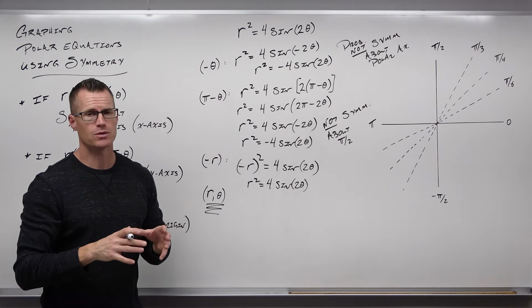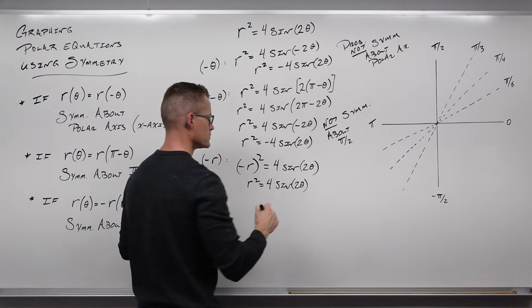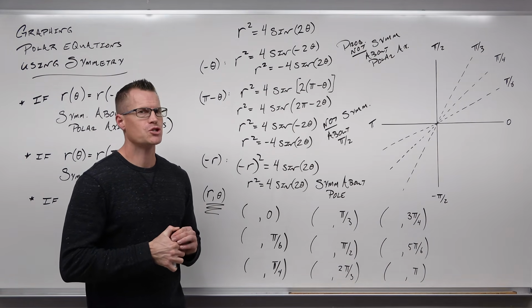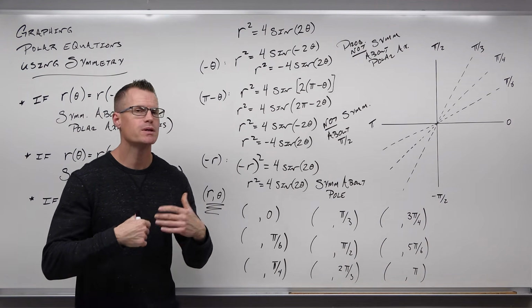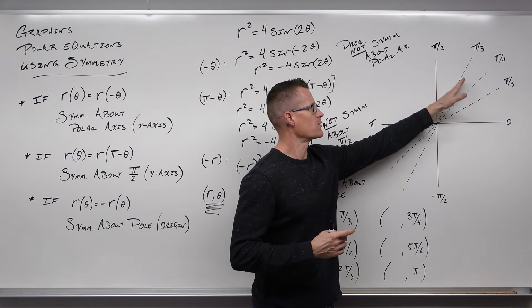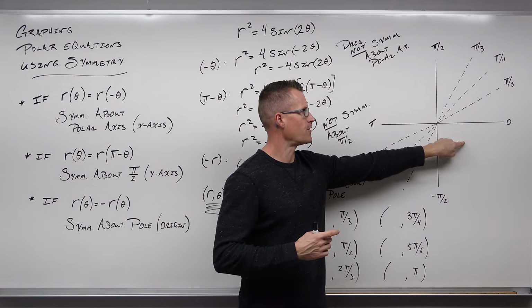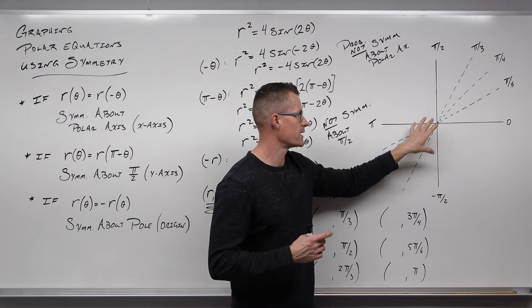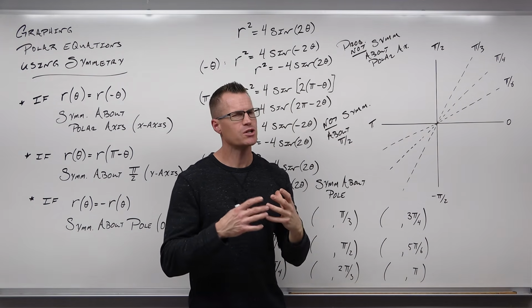This is symmetric about the pole. Since we have symmetry about the pole, we need to check 2 consecutive quadrants. It doesn't really matter which ones you choose, but if we check these 2 quadrants, we use symmetry to find these 2 quadrants. So you just need to check 2 of them.